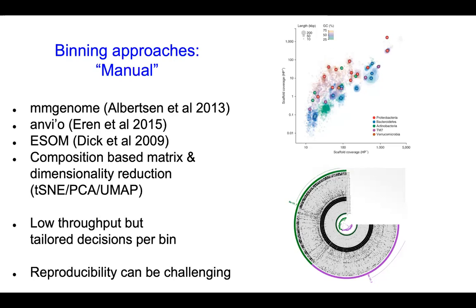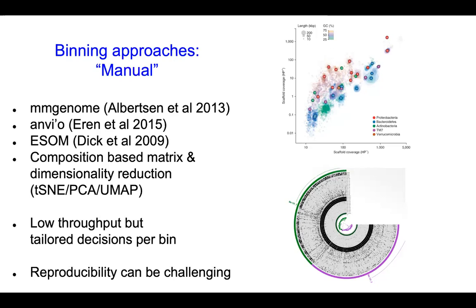ESOM is short for Emergent Self-Organizing Maps, and is a machine learning algorithm based on sequence composition, and can be used to delineate organisms in a not so complex community. It works relatively well, but has largely been superseded by other approaches.